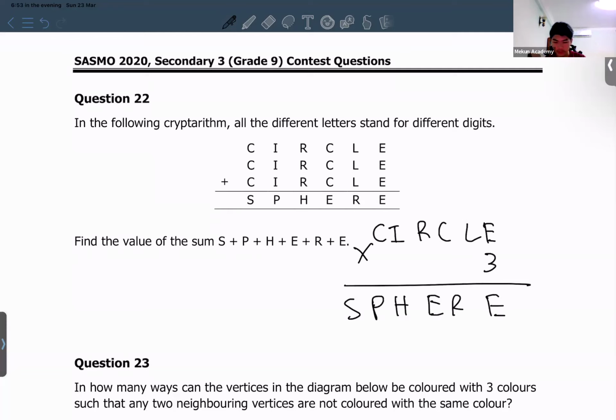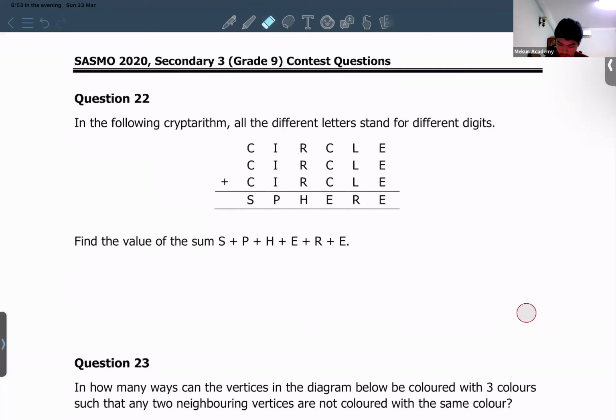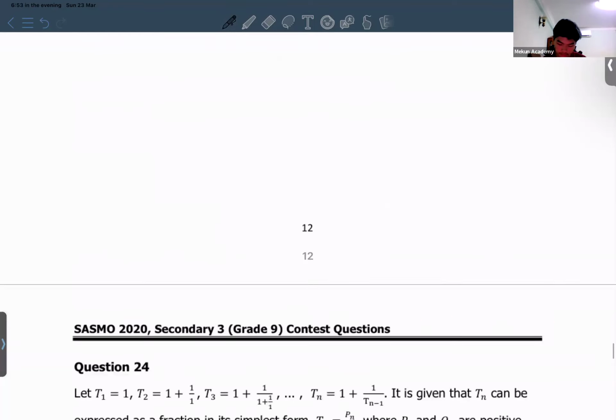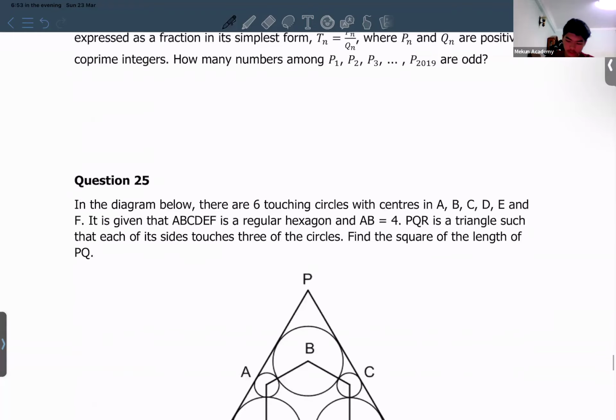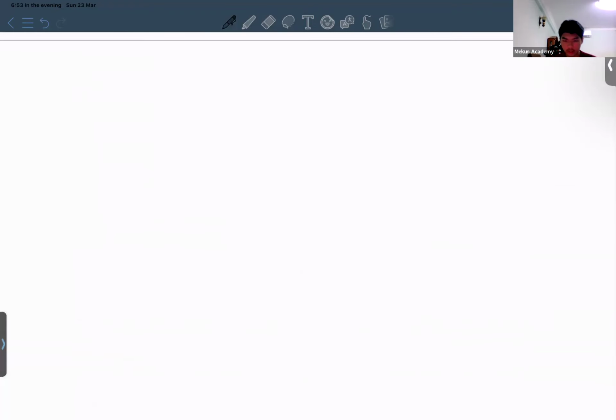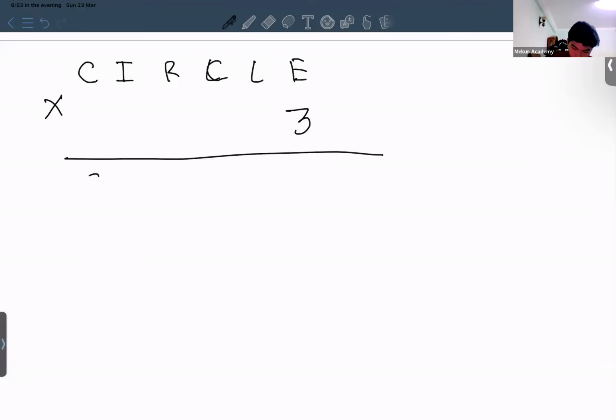Since we need a lot of space, I will rewrite this somewhere else. Okay, over here. So it should be circle times 3 equals to sphere.